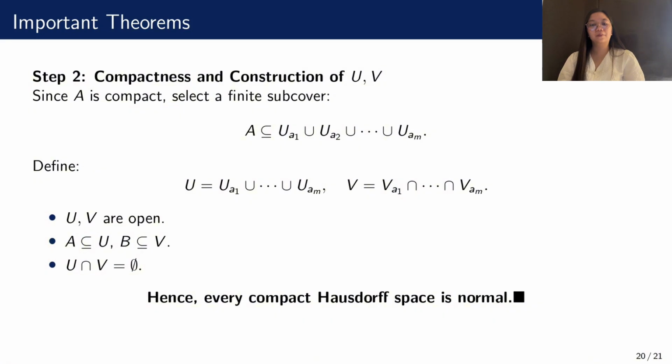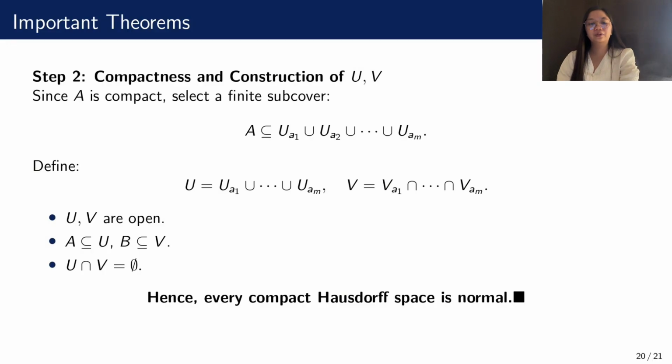Because of compactness, we don't need infinitely many U sub a; we only need finitely many, which are enough to cover A. So we now define U to be the union of U sub a sub 1 up to U sub a sub m, and V to be the intersection of V sub a sub 1 up to V sub a sub m.